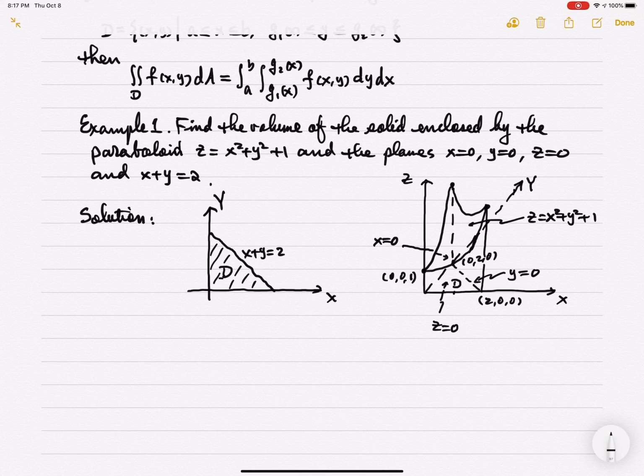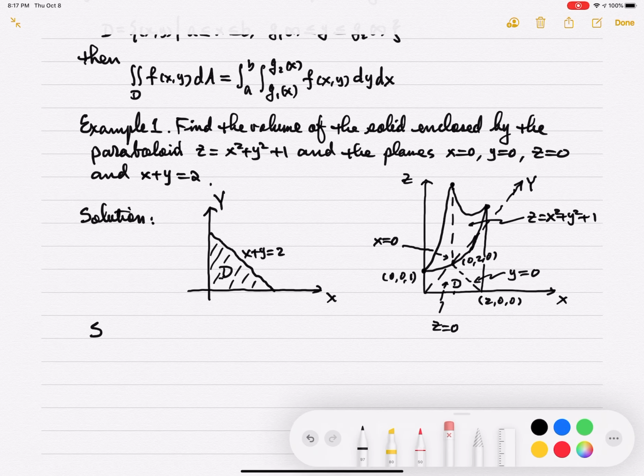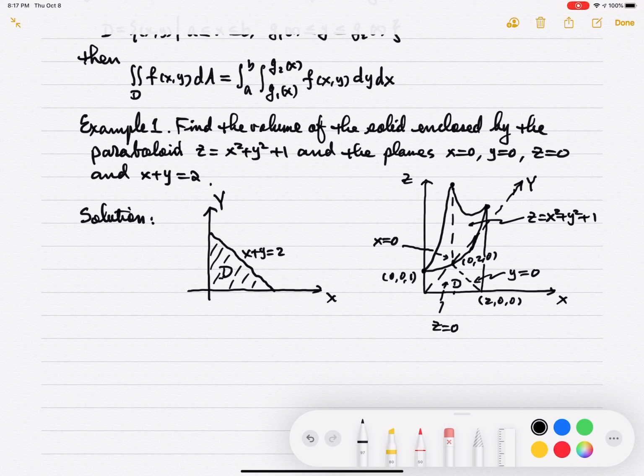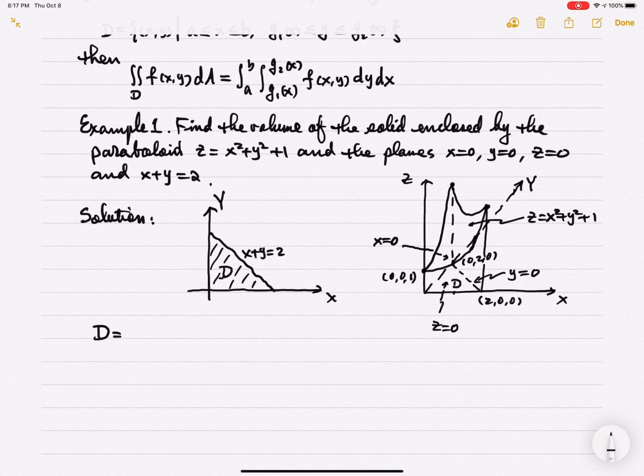Now, before we set up the integration, it is always good to write what D is equal to. So here's the x, y, and we say this is 2, this is 0. So x is from 0 to 2.